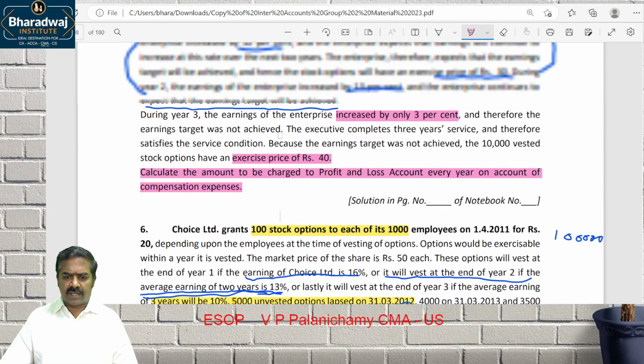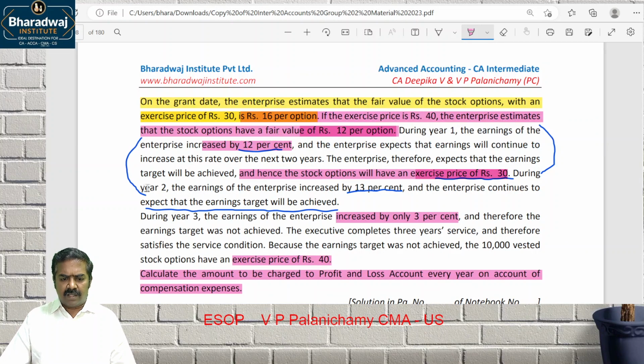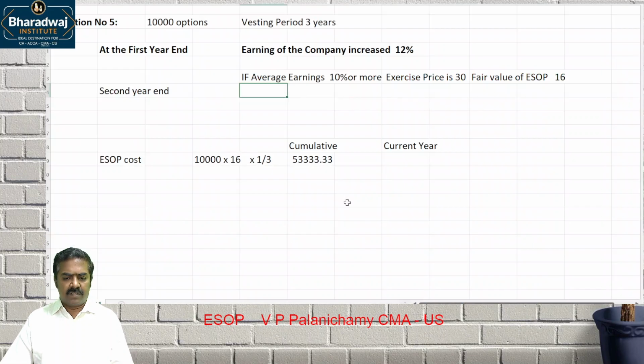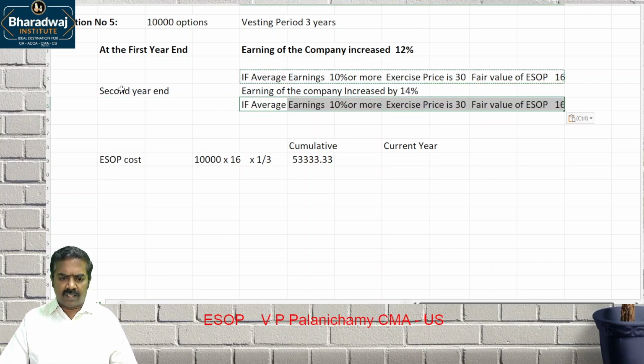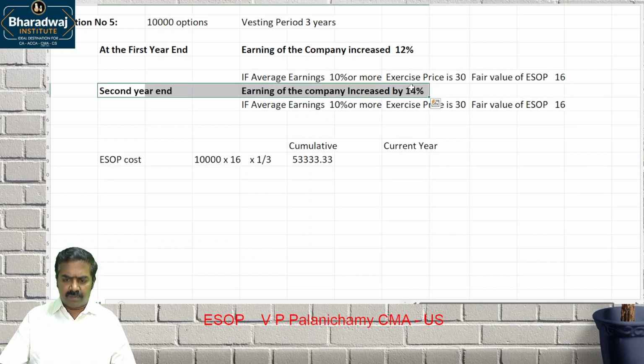What is given for second year end? Read the question. Year 2, earnings percentage of the company is how much? 13%. So the enterprise continues to expect the same earnings target to be achieved. If the average earnings is 10% or more, exercise price is going to be 30 and fair value of the option will be 16.